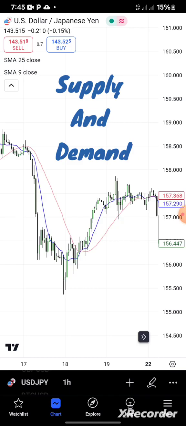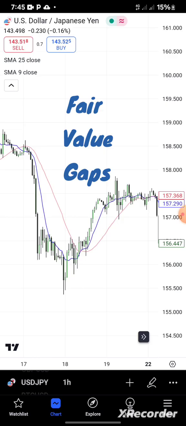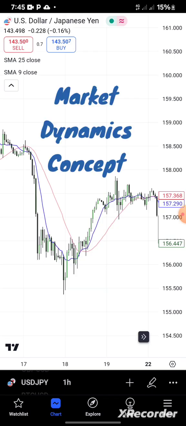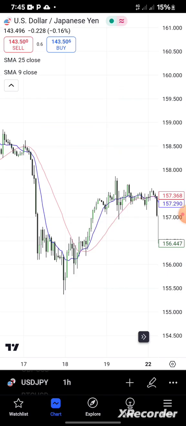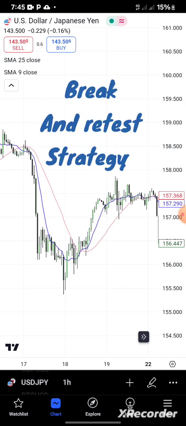Another one is going to be how to trade fair value gaps. Another one is going to be the market dynamics concept. Another one is going to be breakouts or break and retest.